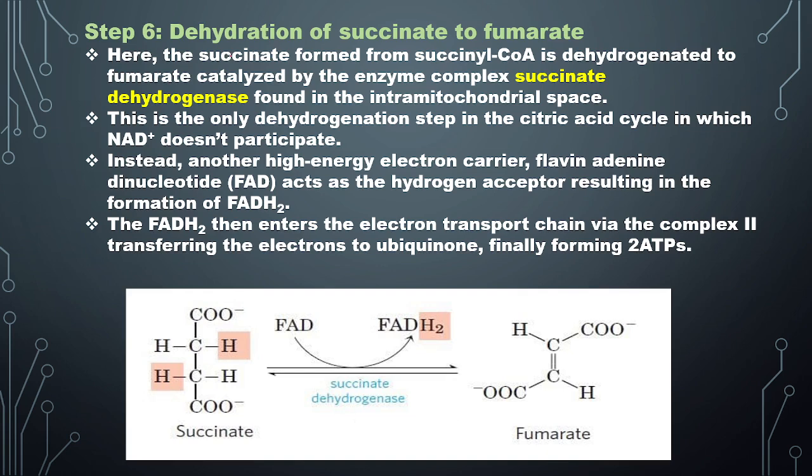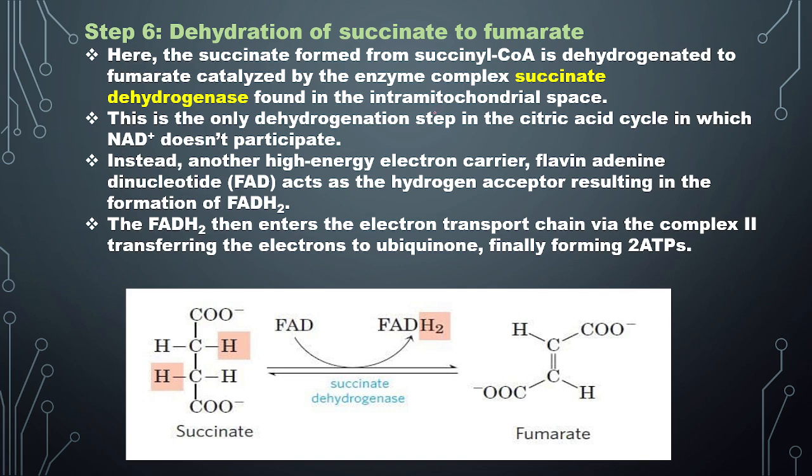Step 6. Dehydrogenation of succinate to fumarate. Succinic acid to fumaric acid. Here succinate formed from succinyl coenzyme A is dehydrogenated to fumarate, catalyzed by the enzyme complex succinate dehydrogenase.